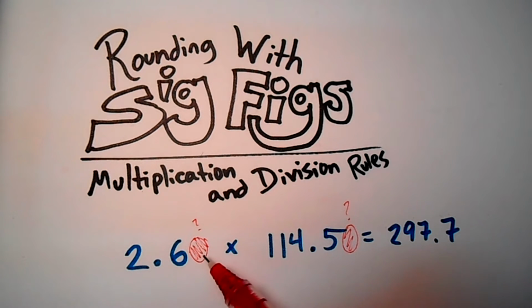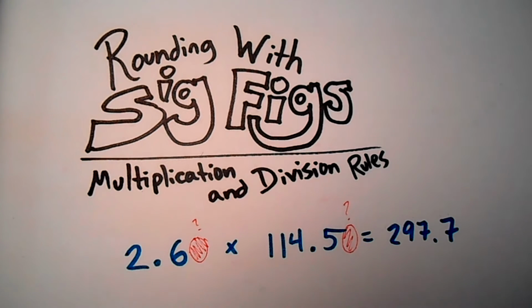Let's say I didn't know a hundredths place here. I'm multiplying this unknown by 2.6, and I'm also multiplying this unknown by 114.5, so these unknowns become bigger. They become large enough that it's not just confined to the hundredths place. It's going to carry over into some of the other places, the tenths place and maybe even the ones place. There's a different rule for rounding with sig figs when you're doing multiplication and division.